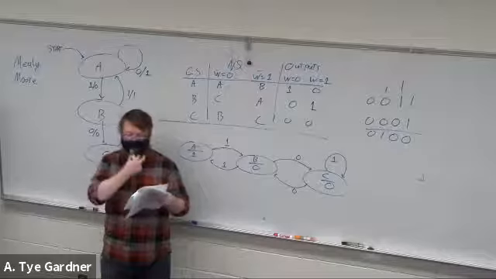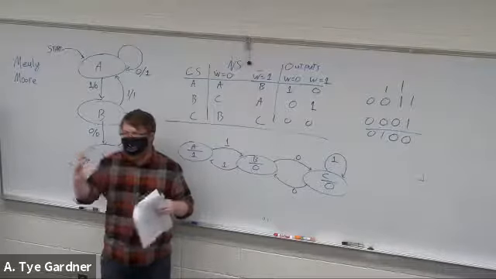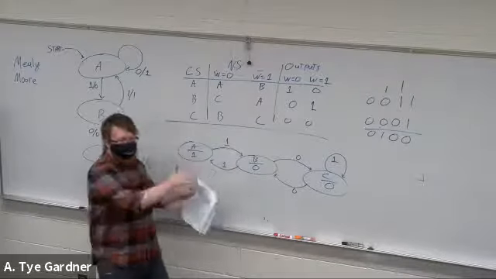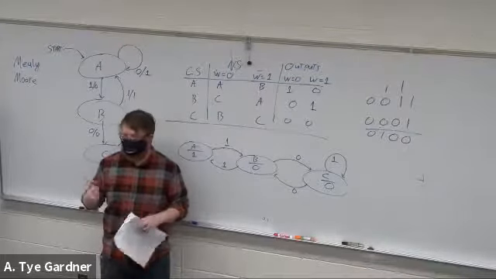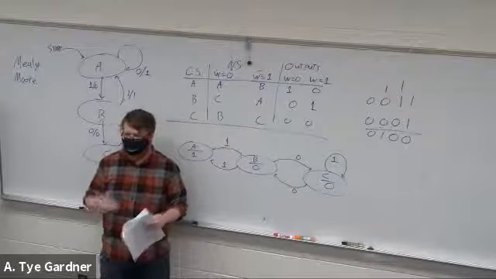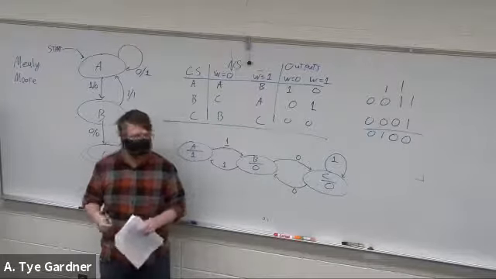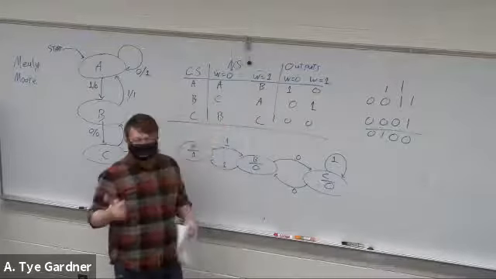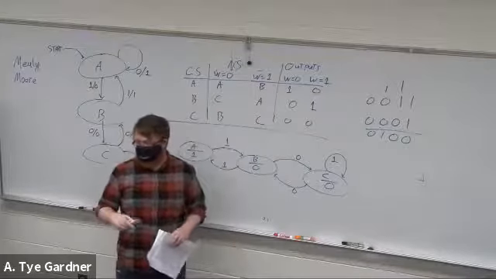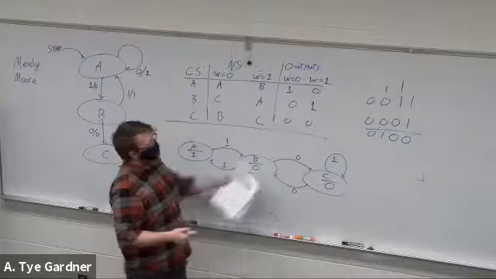I'll skip ahead. I'll end up mentioning this again, but it's because the state machines have 3 parts. They have the next state decoder, which is combinational logic that decides where am I going next. Next state logic is combinational. The next thing it has is an output decoder that says, well, what is my output?